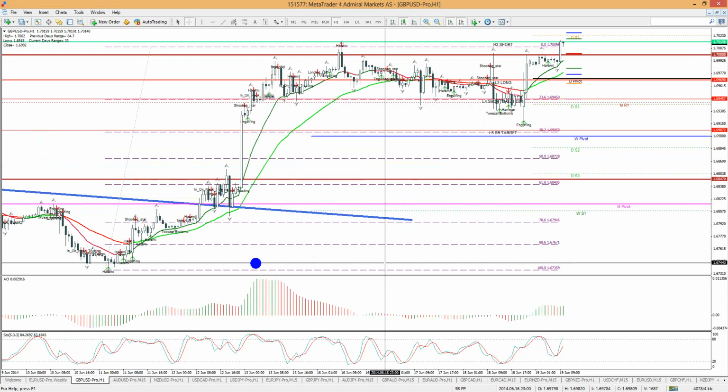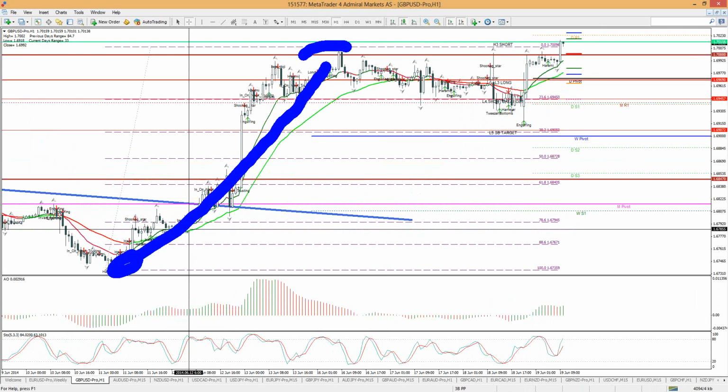All wave analysis is basically piecing together swing highs and swing lows, right? So if you have the AO here making an upside and it goes back to the zero line, then this is kind of like one leg.